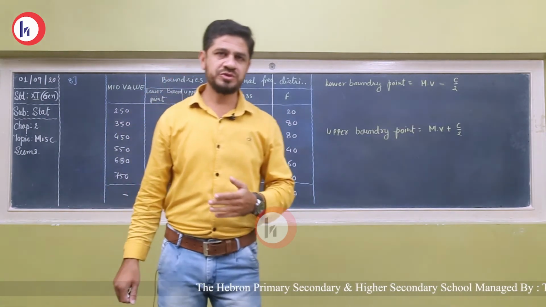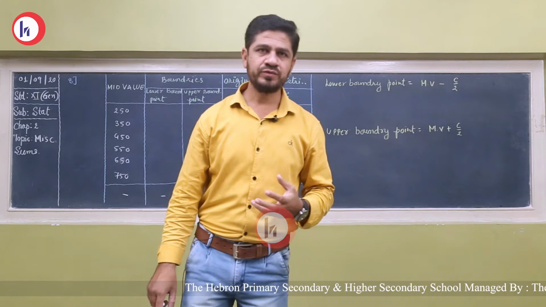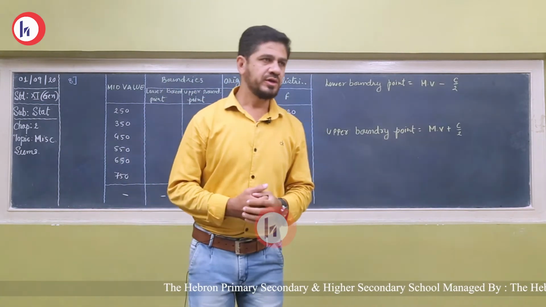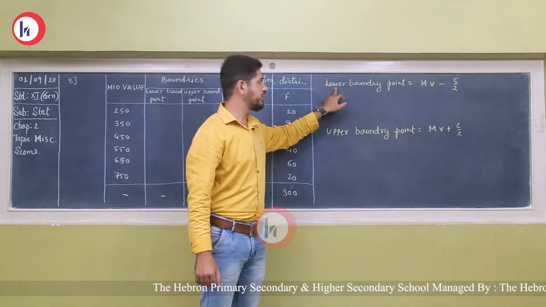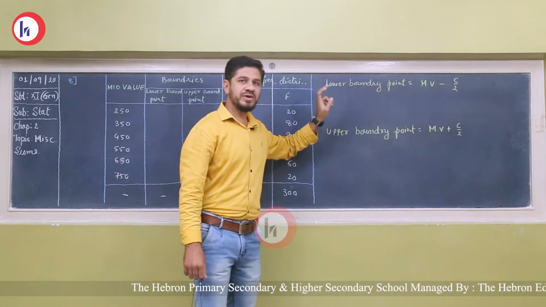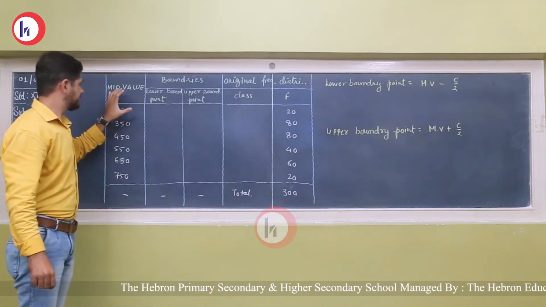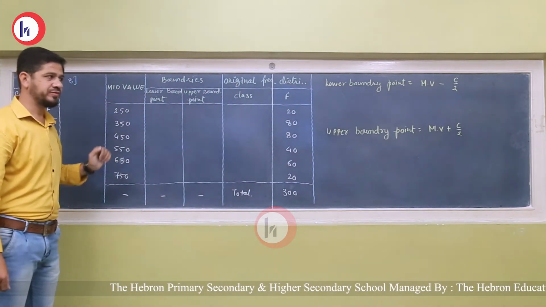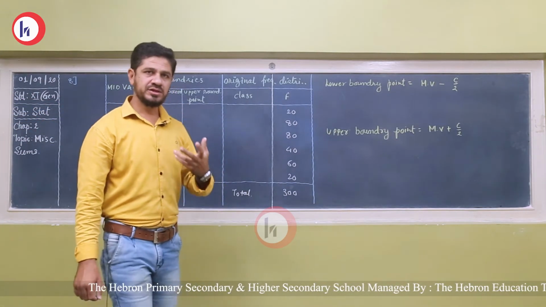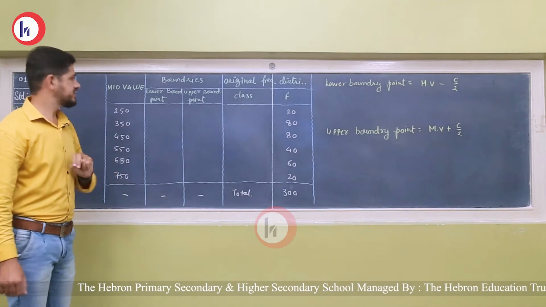For the frequency distribution, we need to find the lower boundary point and the upper boundary point. The formula of the lower boundary point is equal to mid value minus C upon 2. The mid value is given in the question, 250 to 750. What is C? C is the class length, the difference between two lower points.